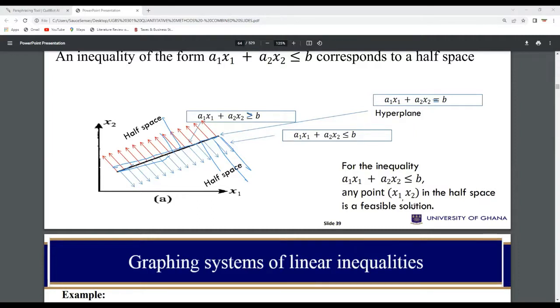But with this inequality, you are going to shade either downward or upward. Where the shaded areas meet, you are going to call it the feasible region. You are going to get multiple solutions, so we call that the feasible region.